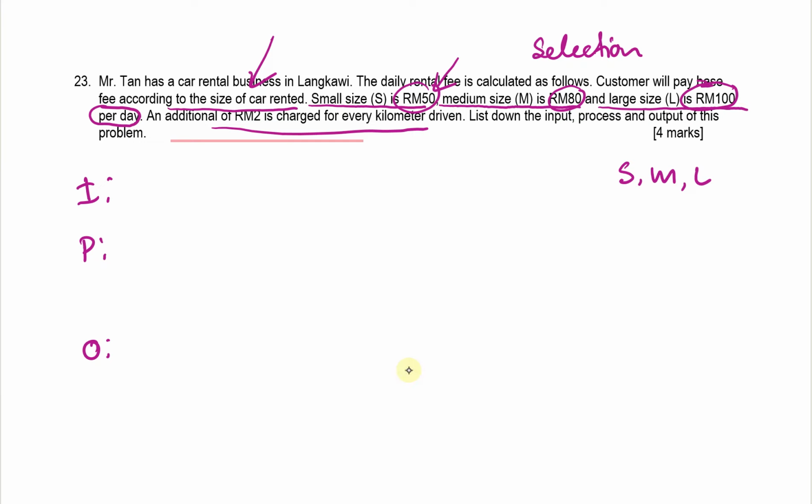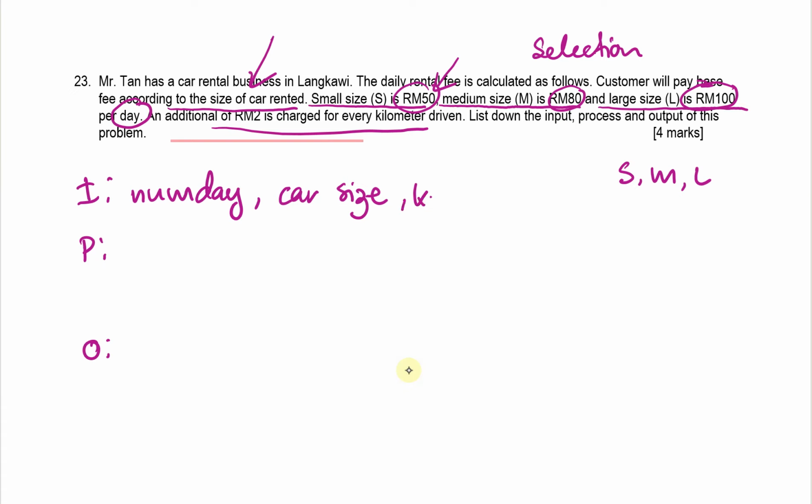The input is per day here, the number of days. Then what else is your input? Of course, your input here is car size. And then what else is your input?